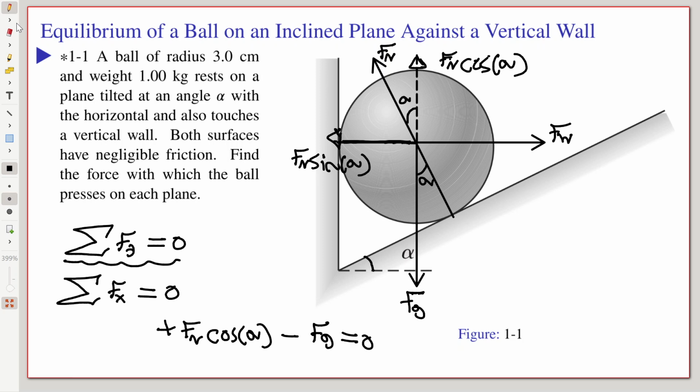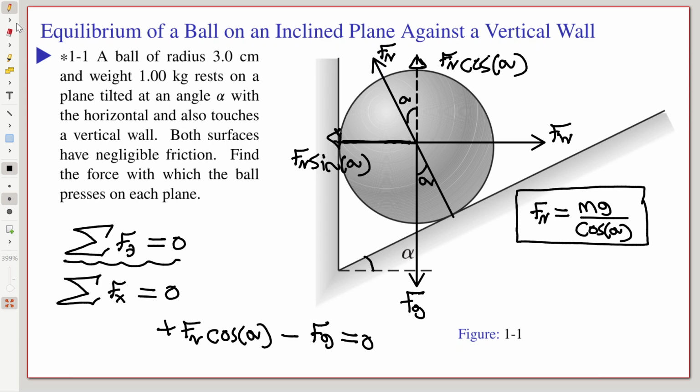In other words, Fn is equal to mg divided by cosine of alpha. This is the normal force, or rather the incline force. Again, this is the force that the ball exerts on the incline. This is the first finding.